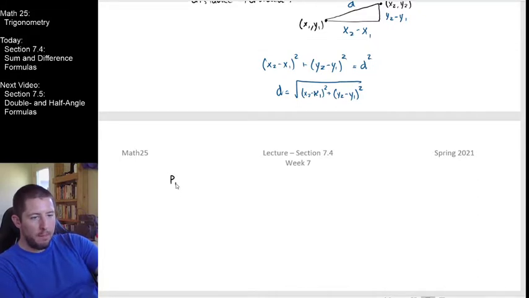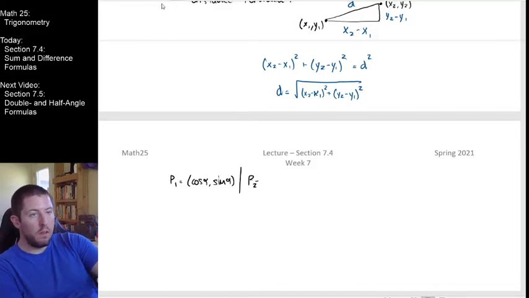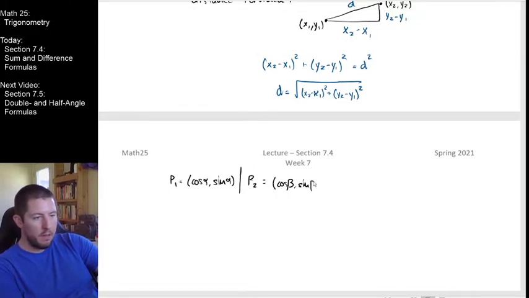So we've got that P1 is cosine alpha, sine alpha, P2 is cosine beta, sine beta.